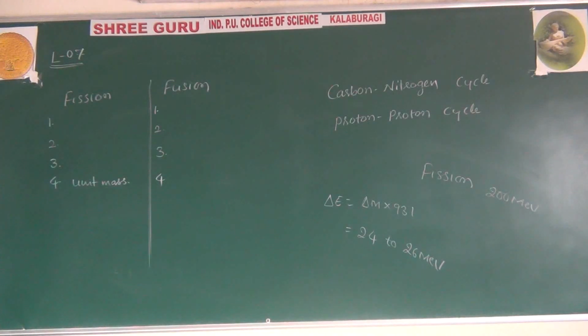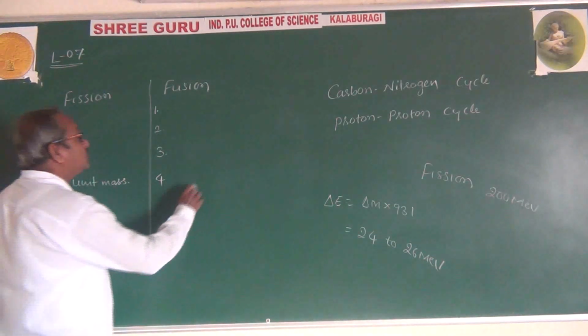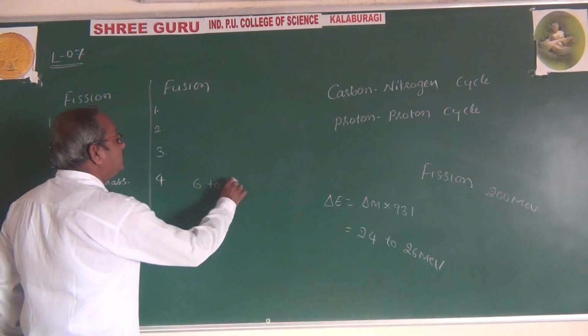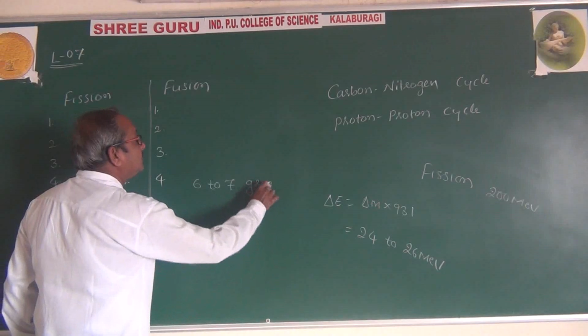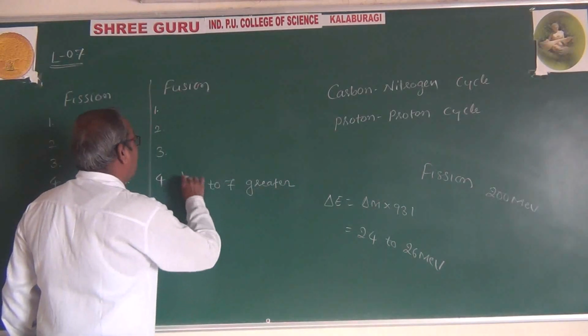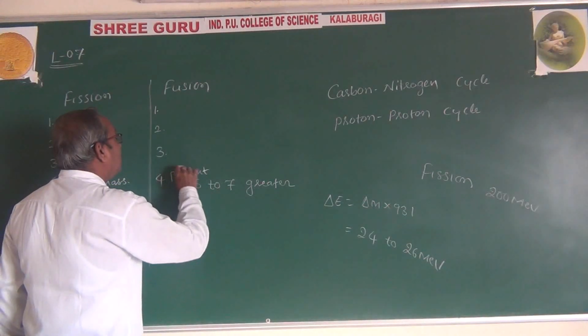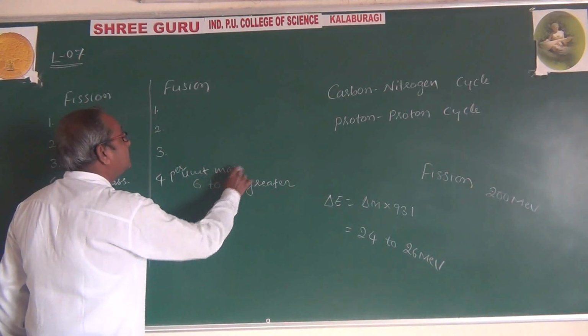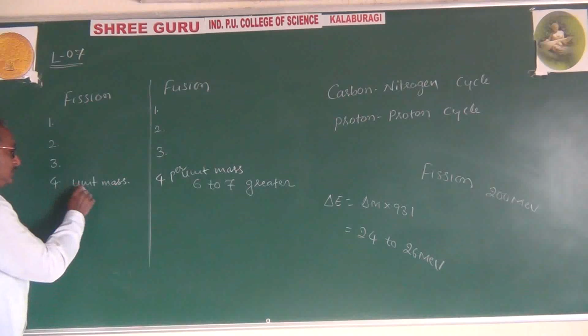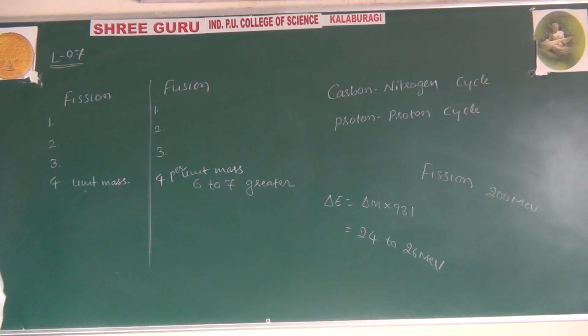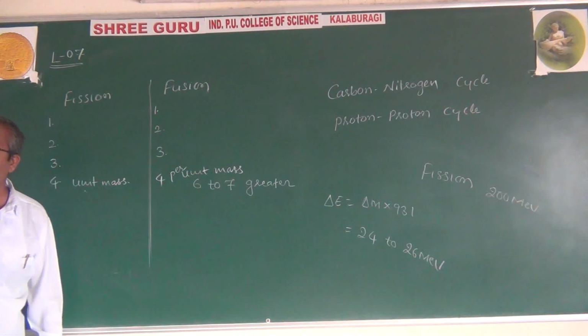In fusion, the energy per unit mass will be more, about 6 to 7 times greater. Per unit mass, the energy released in nuclear fusion is more than that released per unit mass in nuclear fission.